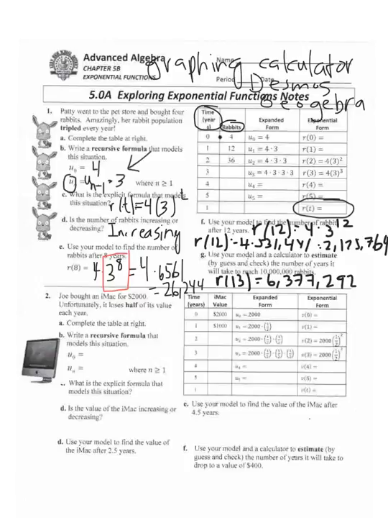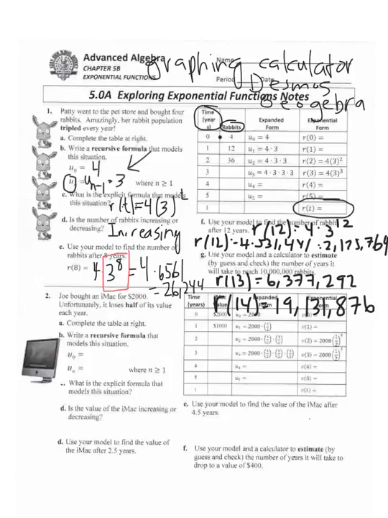If we do R of 14, that'll give us 19,131,876 rabbits.